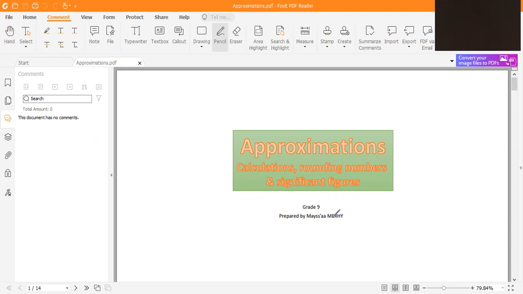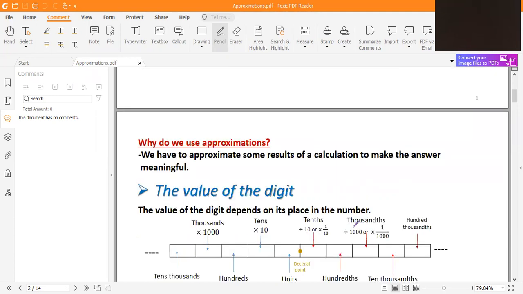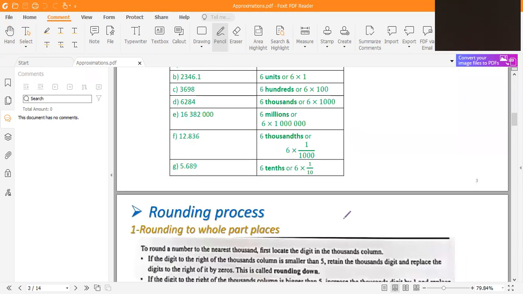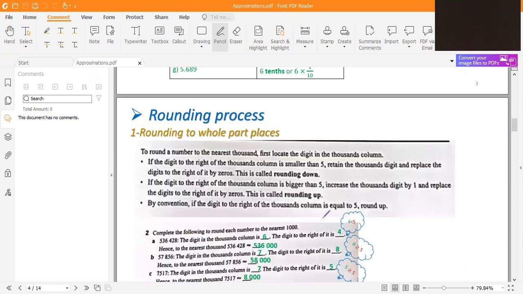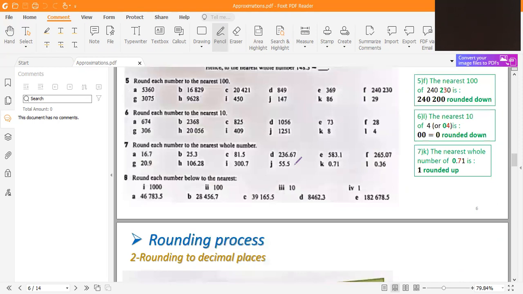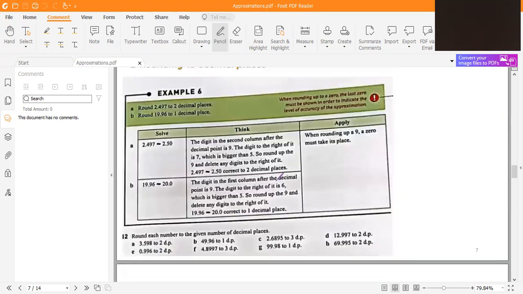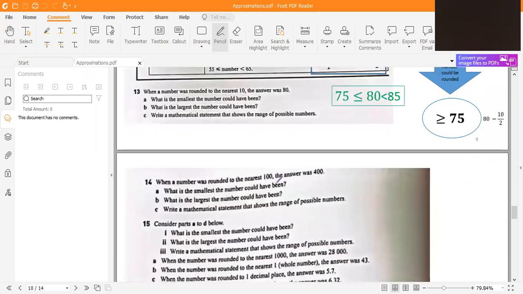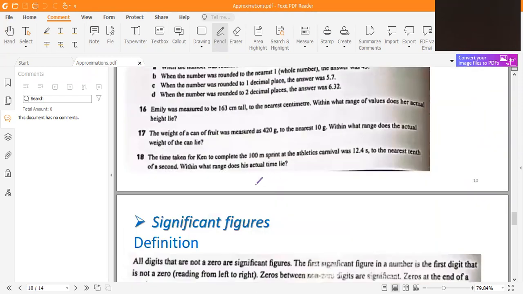We started with why we approximate the value of the digit, and we continued to explain the rounding process, how to round to whole part places, and how to round to decimal places. It was very easy.